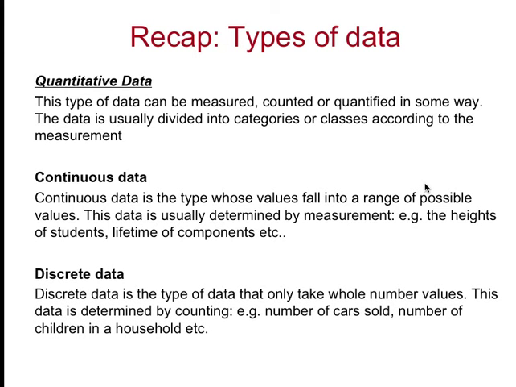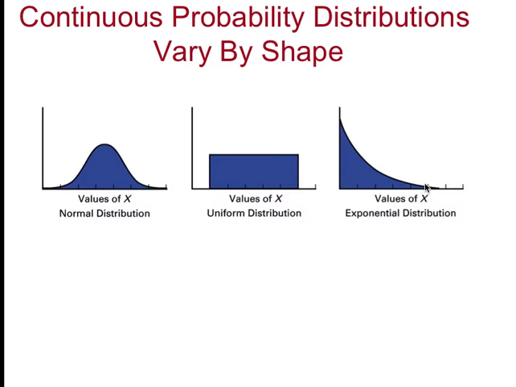This is the type of data that can take whole number values, such as the number of cars sold, number of children in a household, and so on. In this session, we will deal with a probability distribution that represents a continuous numerical variable, such as height of student.